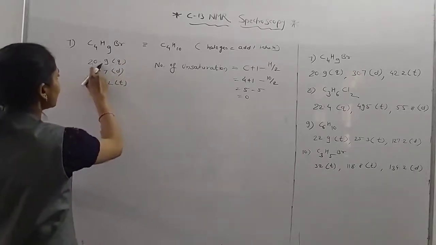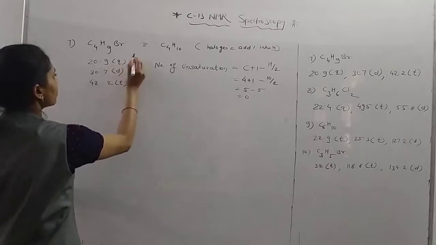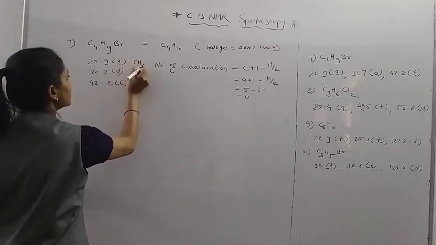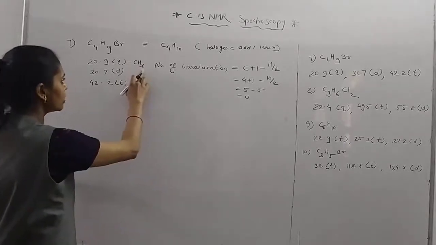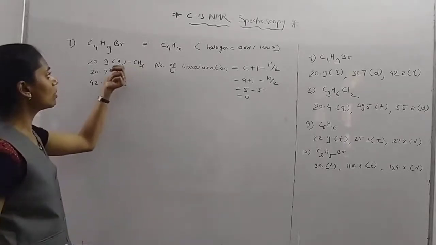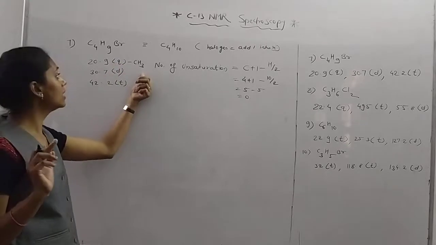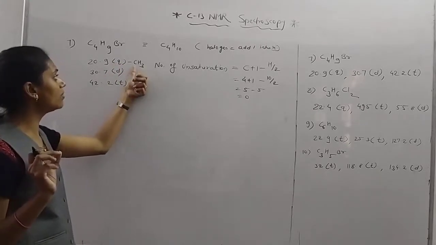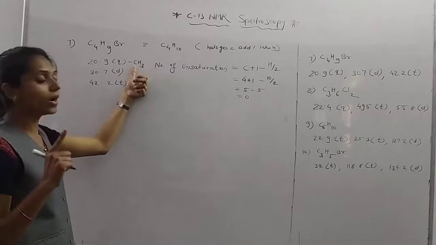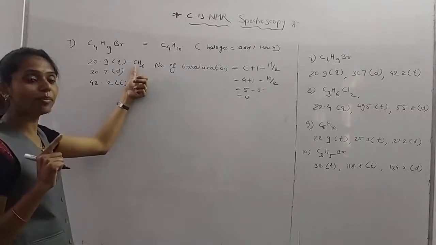20.9 gives a quartet, that means there is a CH3 group, a carbon attached to 3 hydrogen atoms. Since it gives a quartet, in C13 we count how many hydrogens are attached to that carbon and add 1, according to the n plus 1 rule.